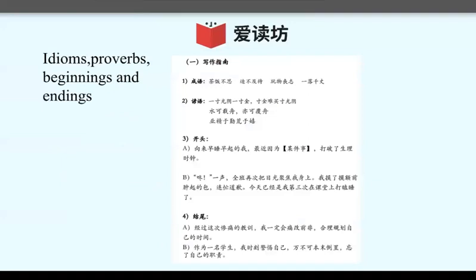Here is an example. The title of this essay is 这件事给了我一个教训. I have learned a lesson from this incident. As you can see, we list out 4 idioms, 2 proverbs, 2 beginnings, and 2 endings for this composition. So these 2 beginnings and 2 endings are multi-purpose for this type of composition.